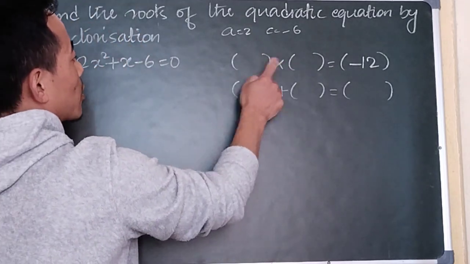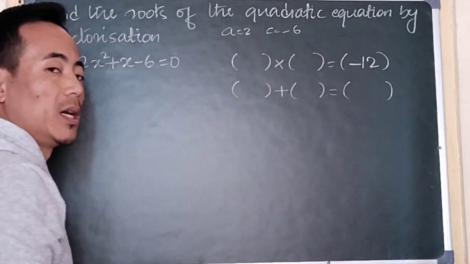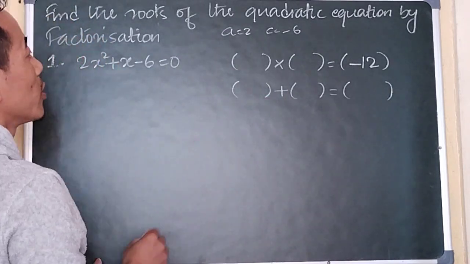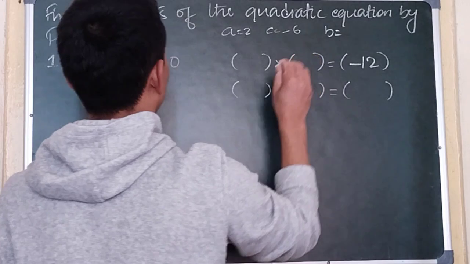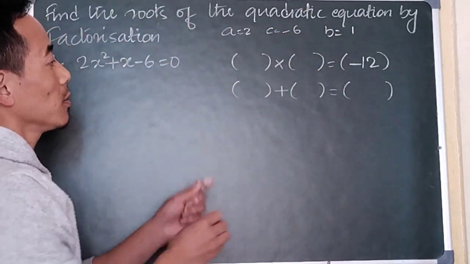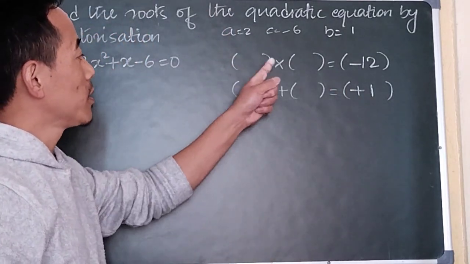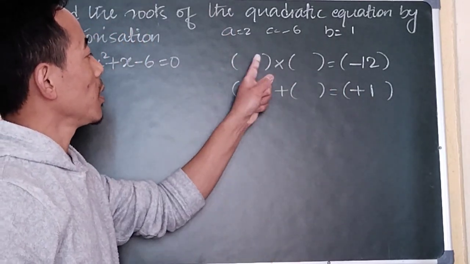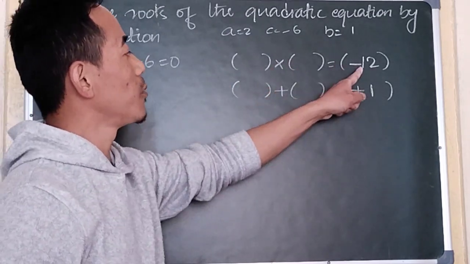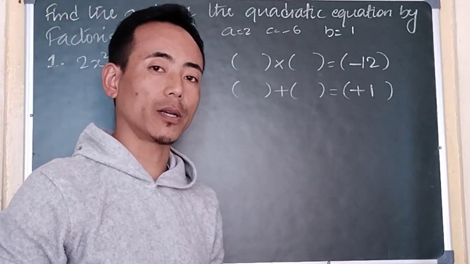So when you take the product of the two numbers here, you should get minus 12. Now when you add the same two numbers, the number that you should get is the value of b. What is the value of b here? The value of b is 1. So you have to insert two numbers in these brackets such that when you take the product, it will give you minus 12, and when you add, it will give us plus 1.